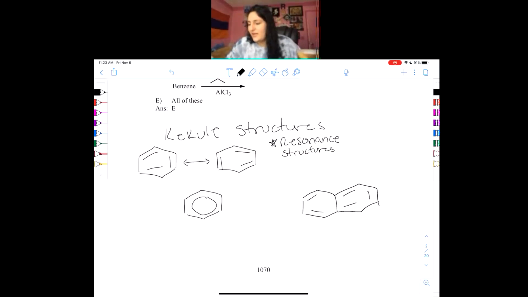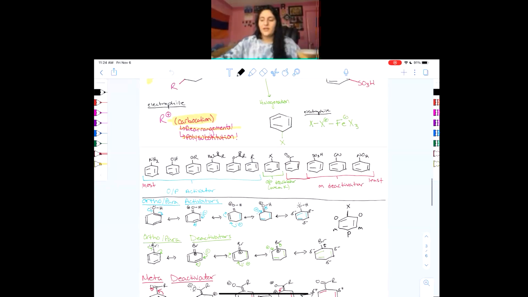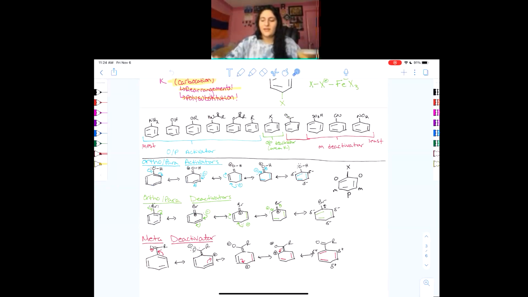West calls them the substituent effects. So, for example, know the resonance and how the resonance structures affect whether it's an ortho-para or a meta-director because of the minus charge or the plus charge.